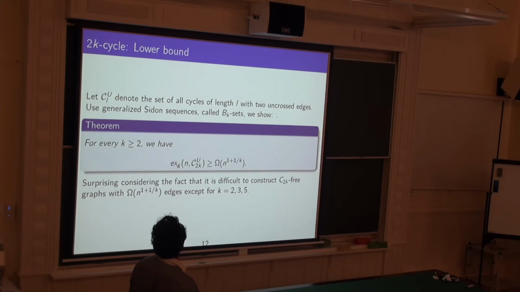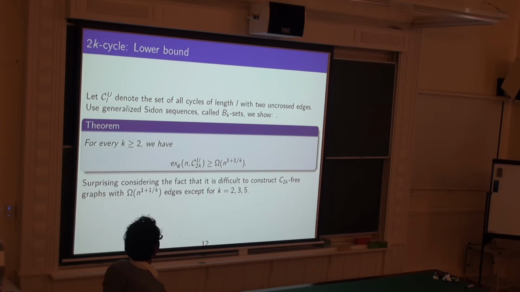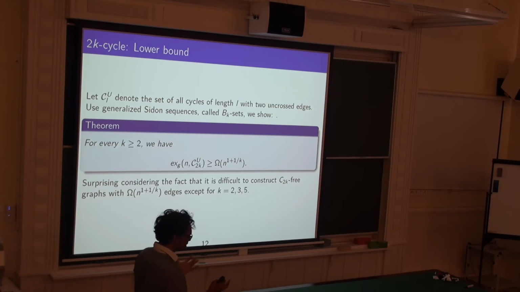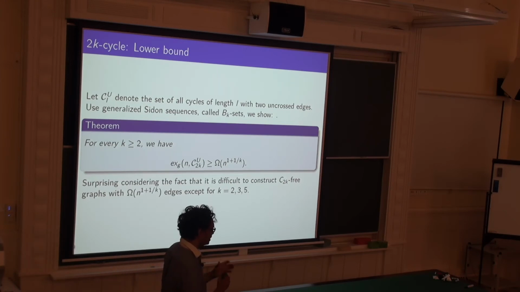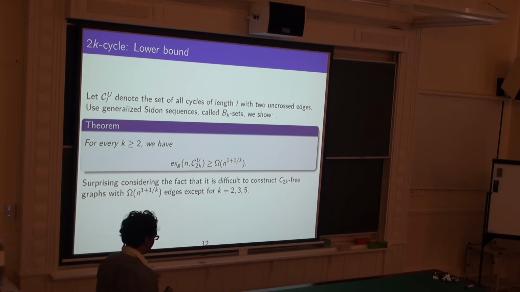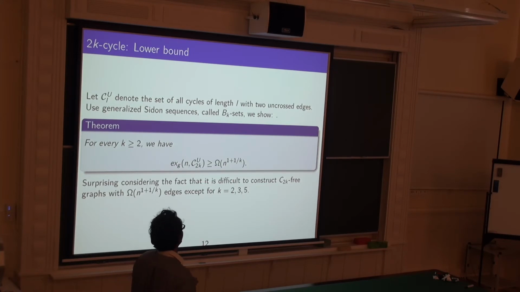And the idea is, we use generalized Sidon sequences called B_k sets, which are just sets of numbers such that every k-sum is different. Using that, we can construct graphs which avoid 2k-cycles with 2 uncrossed edges.